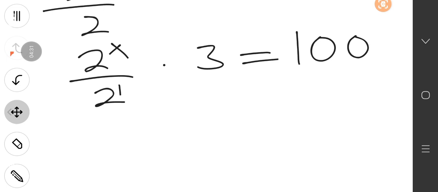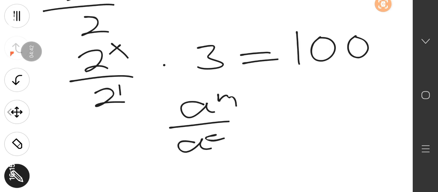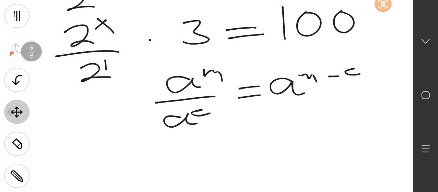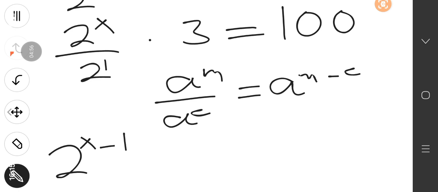Now here we are going to apply the quotient rule of indices. If you have a exponent m over a exponent c, this produces a exponent m minus c. So you're going to have 2 exponent x minus 1, and then times 3 equals 100.